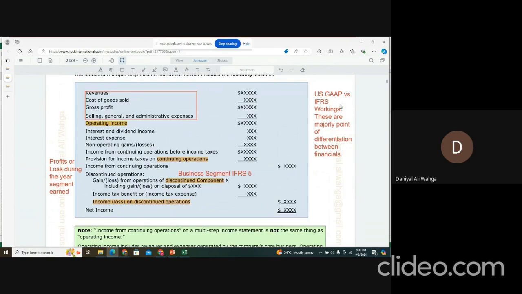And then I get to my income from continuing operations before taxes. You need to understand that there is a provision for tax as well. It is the major part of my taxes. It explains that provision for income tax means current tax or deferred tax.